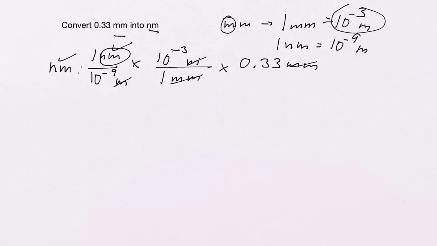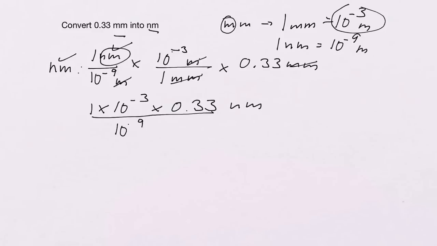And if I take this together, I have 1 times 10 to the minus 3 times 0.33, and the unit is nanometer, divided by 10 to the minus 9.